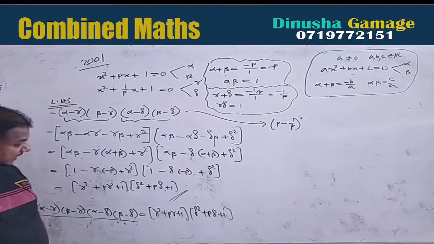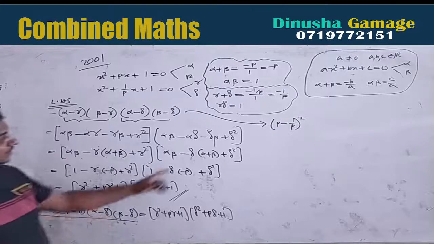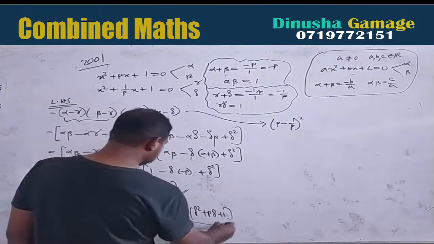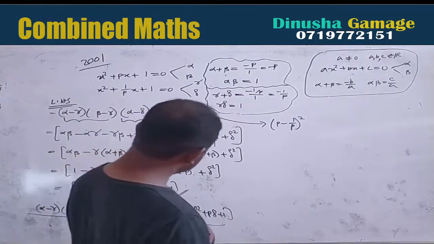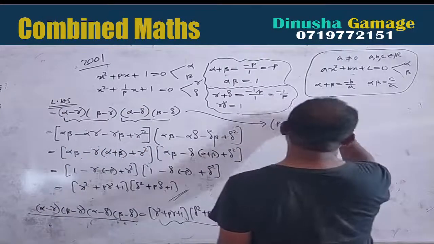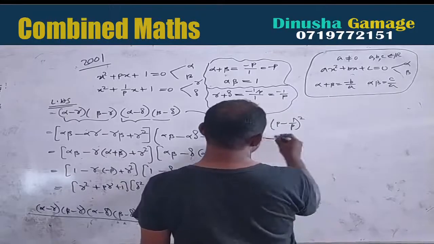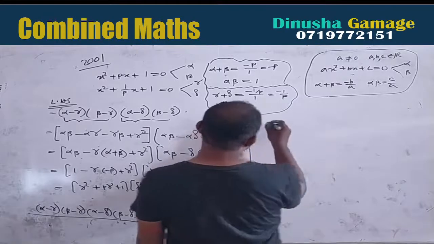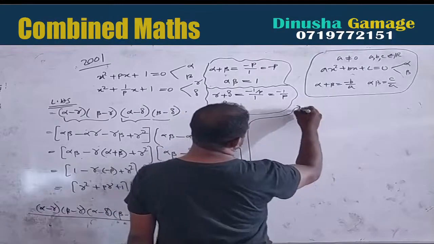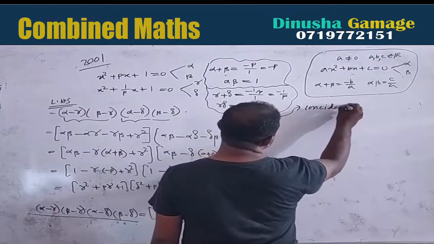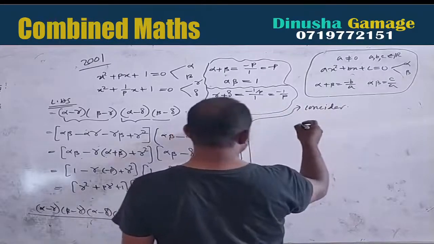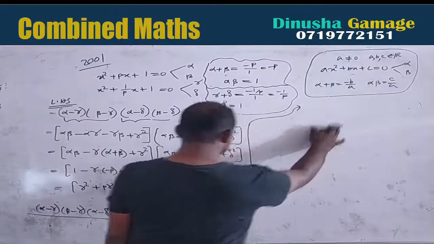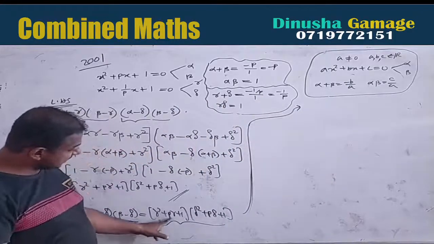Next we have to remove delta and gamma to obtain this equals p minus 1 over p whole to the power 2. So I can consider this side, right? Okay. Consider, yes, before that, this is gamma square plus p gamma plus 1.